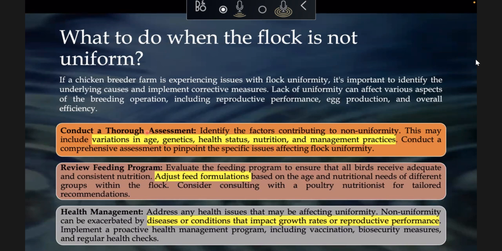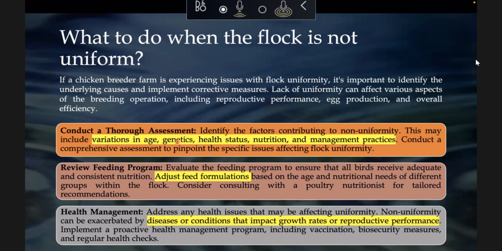This process we call the all in all out system. All the birds will come together and they will be marketed together, so all in all out system. This is really important for animal production, particularly for bird production, for having a successful biosecurity program.